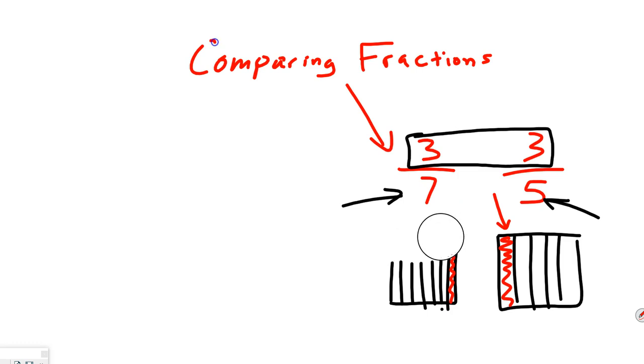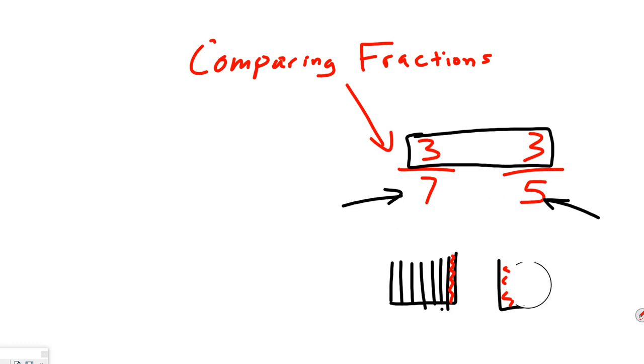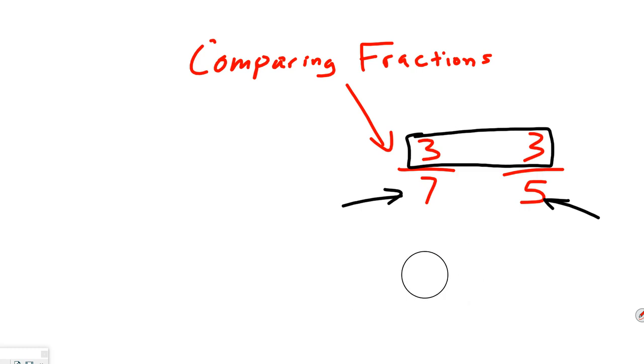So what do we have to do? We have to look at our denominators and say, you know what? If I have a smaller denominator, as in 5, those slices are actually much bigger than with the bigger denominator, like the 7. So if I eat 3 of the bigger slices, well, that's a bigger fraction. 3/7 is less than 3/5.